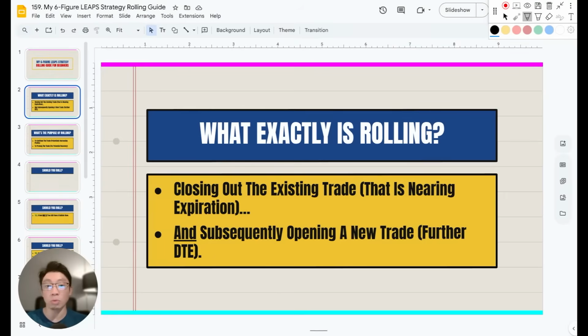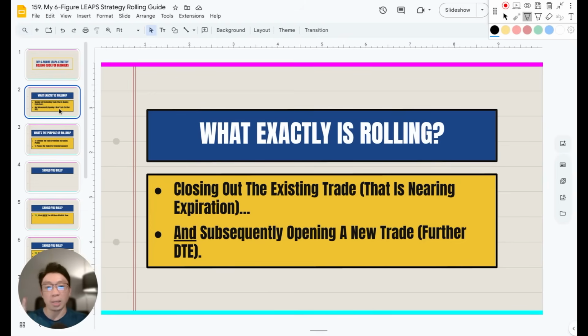When you do these two things simultaneously in a single order ticket, this whole act is called rolling. As you can see, it's pretty simple, nothing complex about this, and you can very easily do this in your broker platform. Most broker platforms give you a way to roll your trades, where you close out your existing trade and open a new trade, all in a single order ticket.